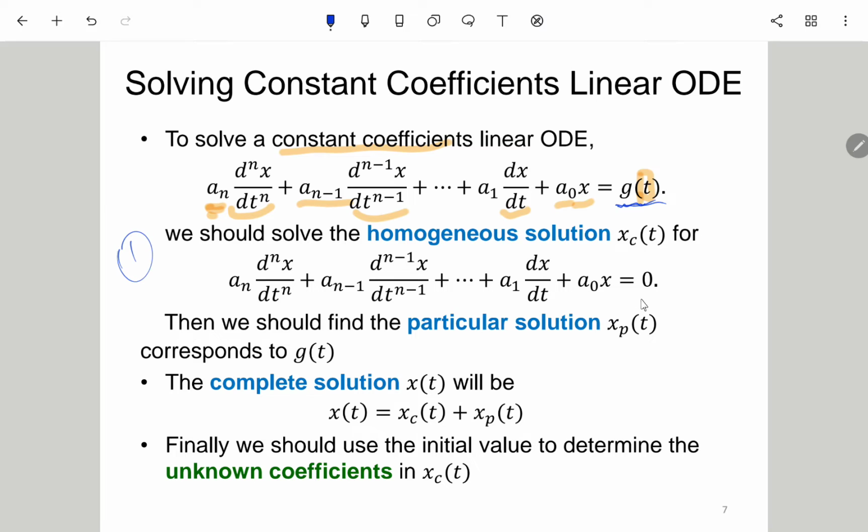Of course, this is strongly related to the original constant coefficient linear ODE, but we just remove this part at the first step. We try to solve this first, and we call it a homogeneous equation, and the solution for this homogeneous equation is the homogeneous solution.